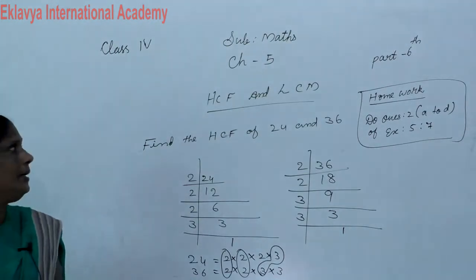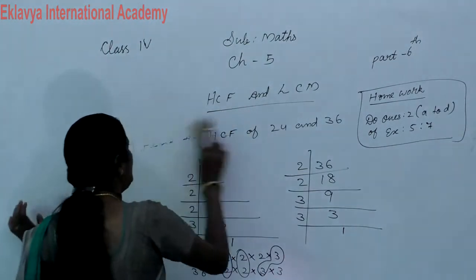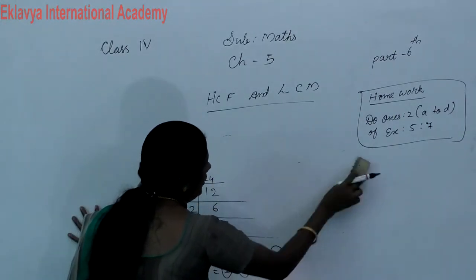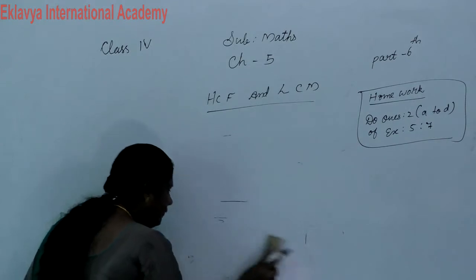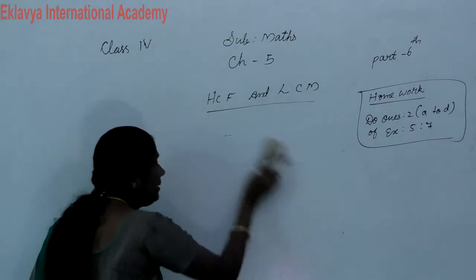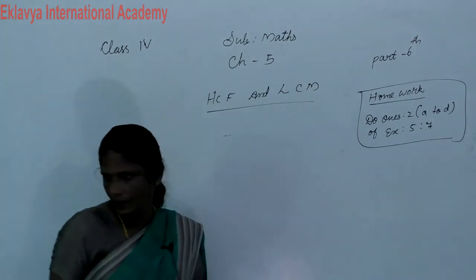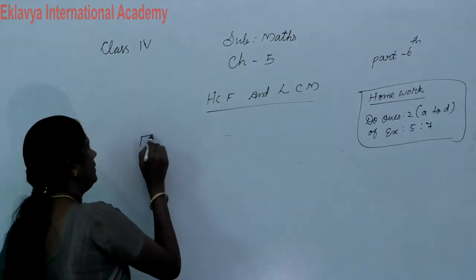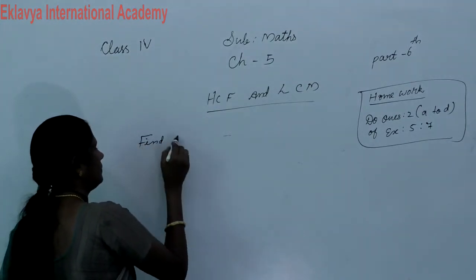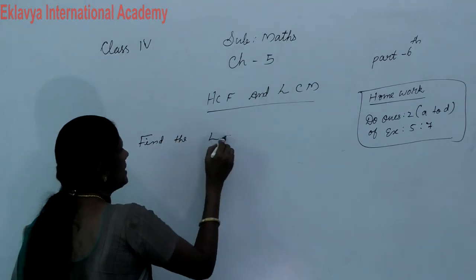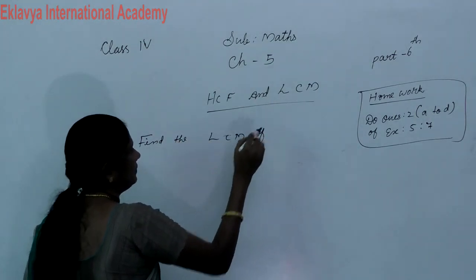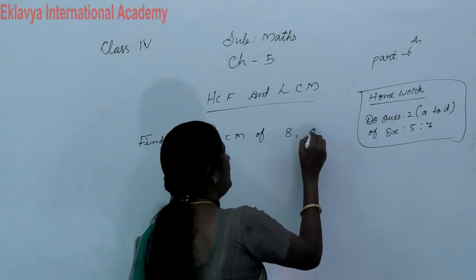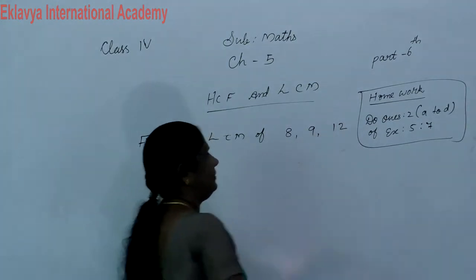Understand? Now we study LCM. LCM means lowest common multiple. You follow the prime factor common division method. Okay. First find the LCM of 8, 9, 12.